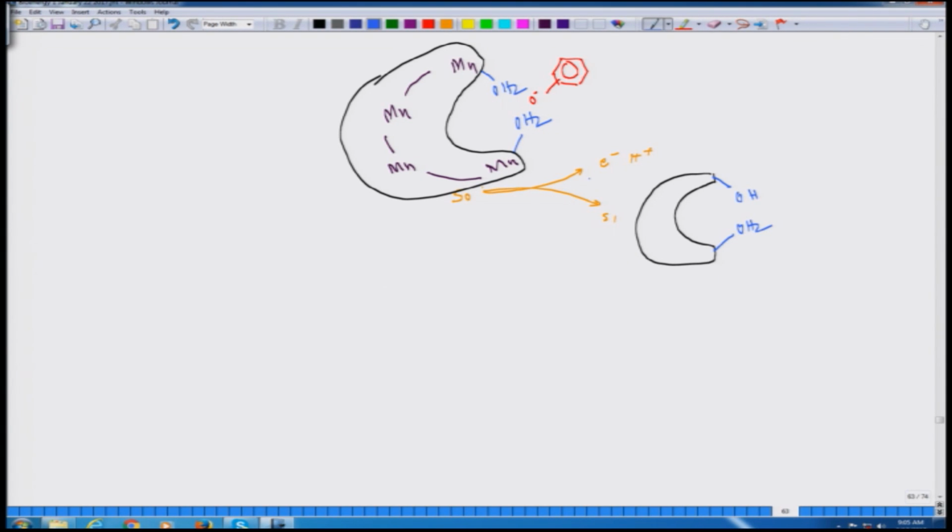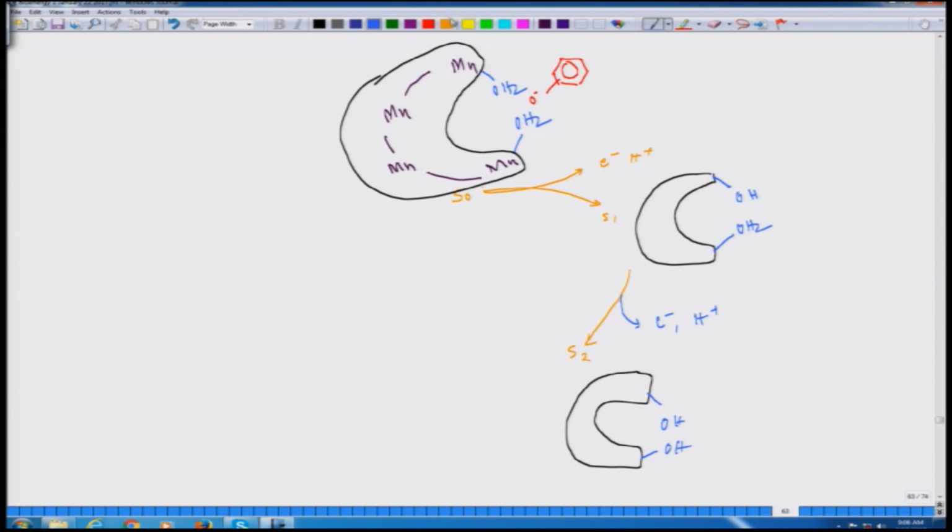Now the next stage from here, we are reaching the S2. Looking at the structure, this is what you observe. You have an OH, you have an OH. We are in S2, and in that process simultaneously you have another electron and another proton given off.